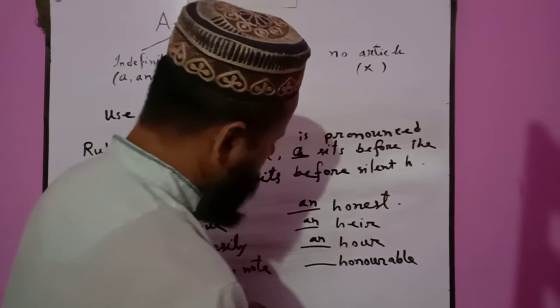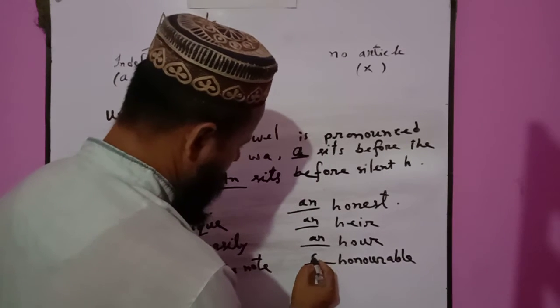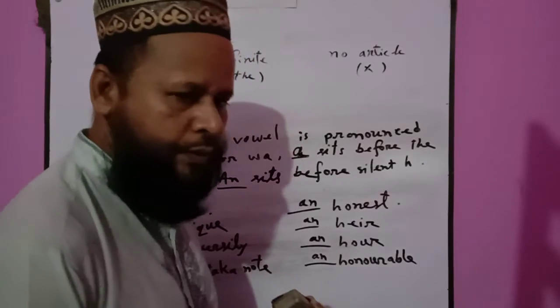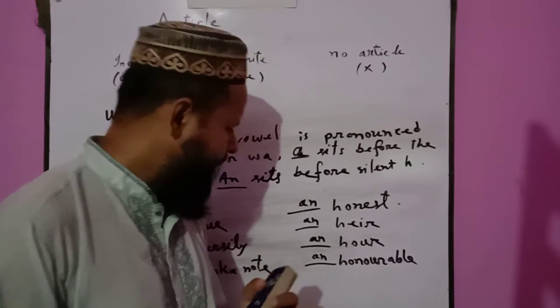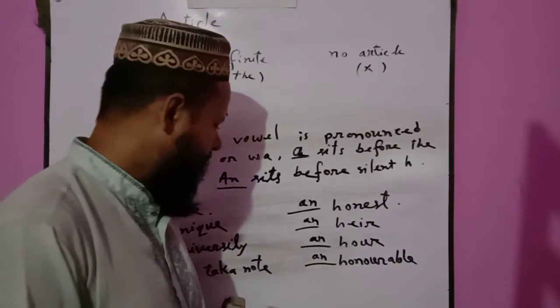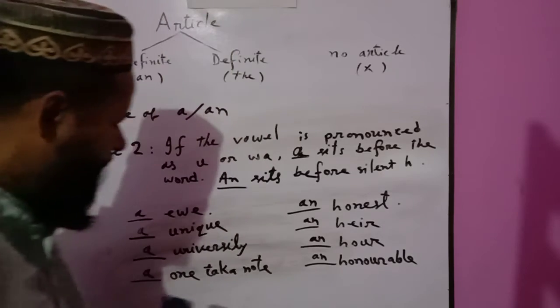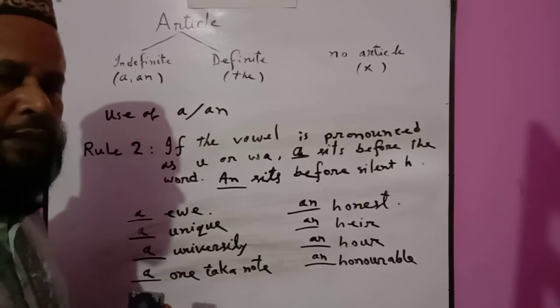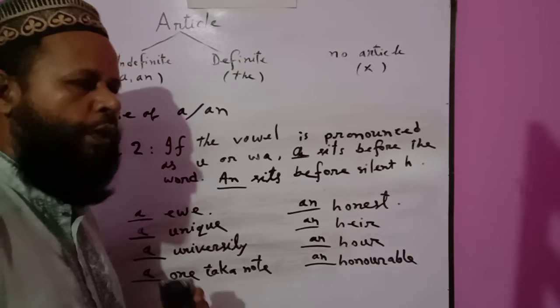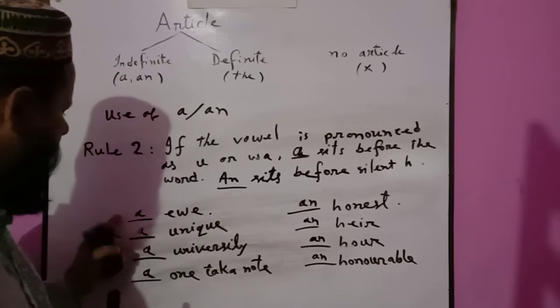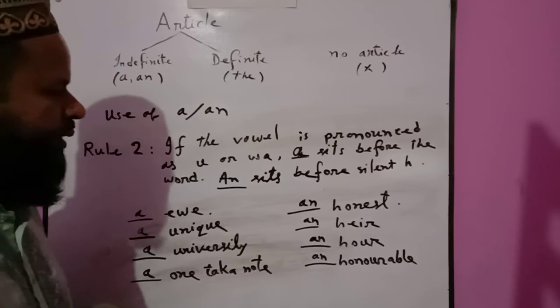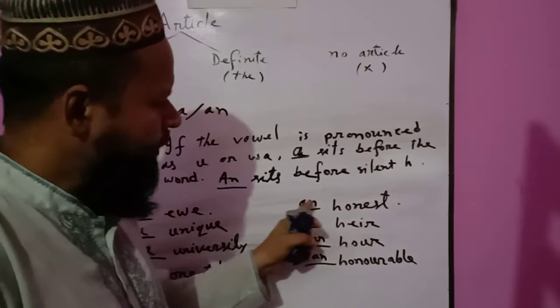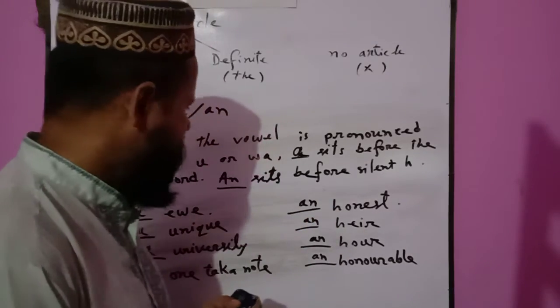Honorable, we shall use an before silent H. And when the vowel is pronounced as the long sound of U or Y, we shall use a before it. We shall use a before a consonant sound, and we shall use an before silent H.